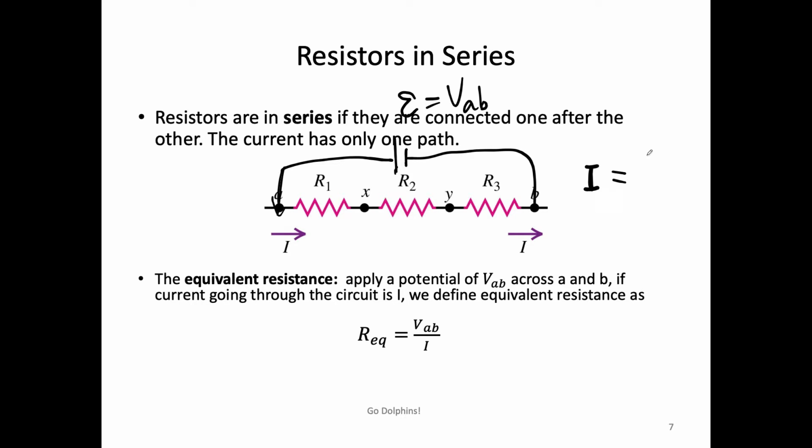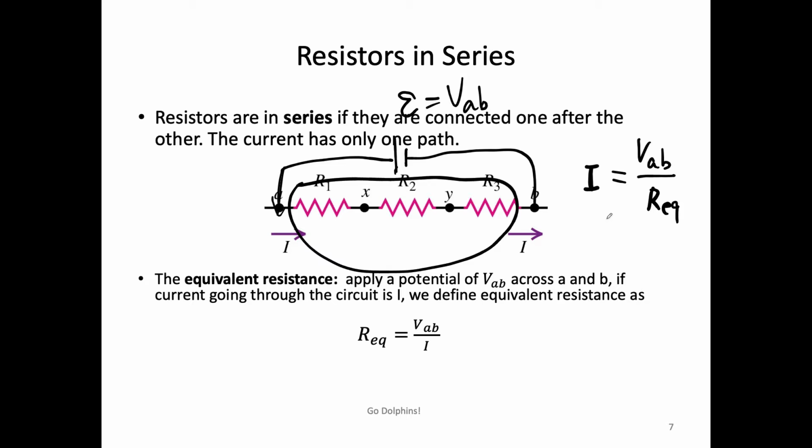So I is VAB divided by R equivalent, as you treat all three as one resistor. So R equivalent is defined as the potential you apply, VAB, over the current going through point A, or you can also say the current going through point B. They should be the same.